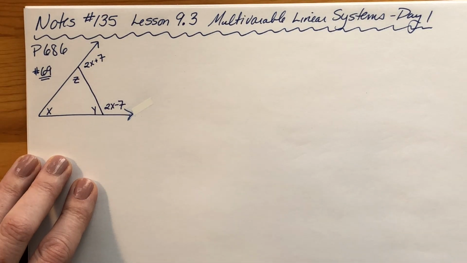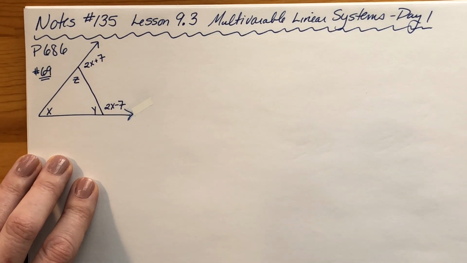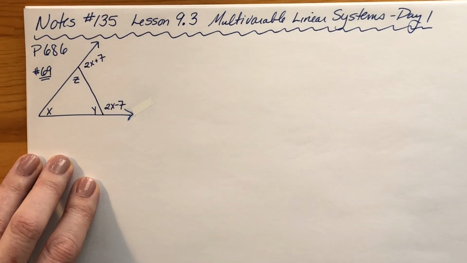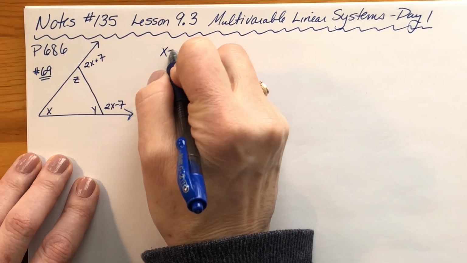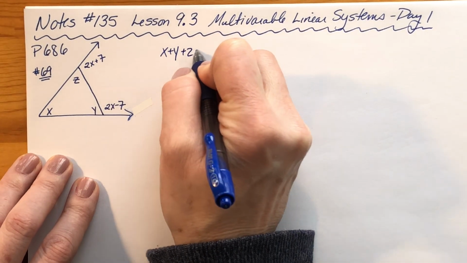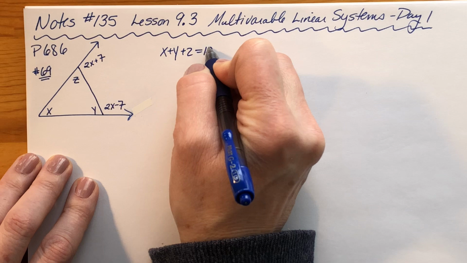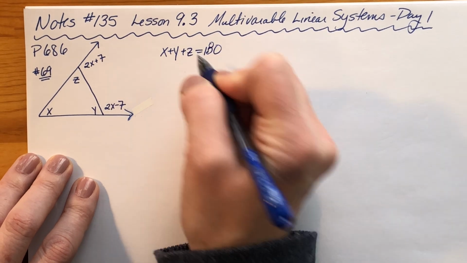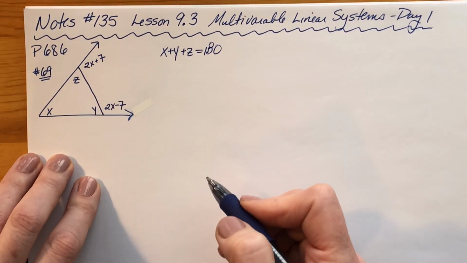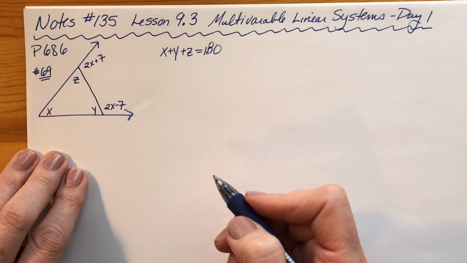So let's go ahead and come up with some equations that we can use to solve this. Straight up, I'm going to go with x plus y plus z equals 180, because the sum of the interior angles of a triangle is equal to 180.